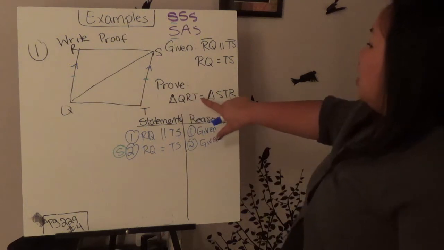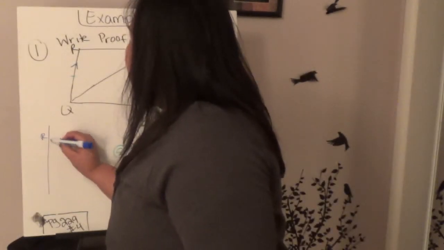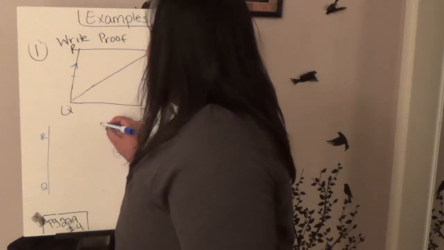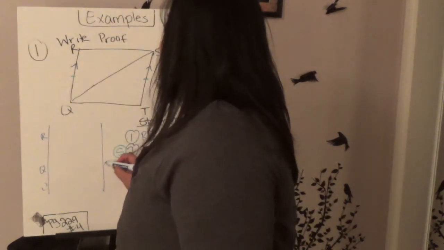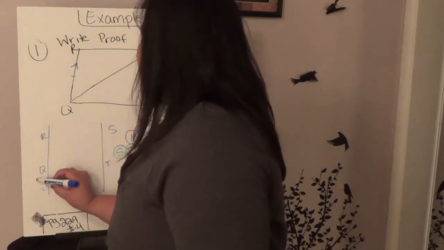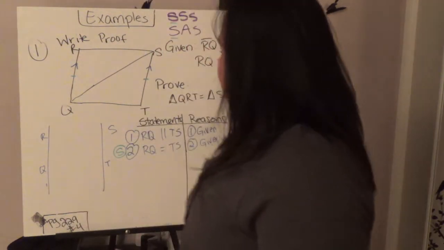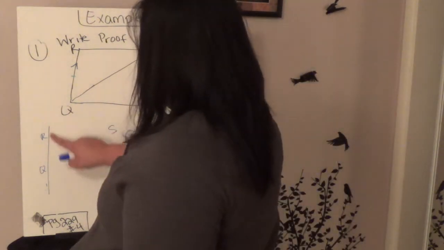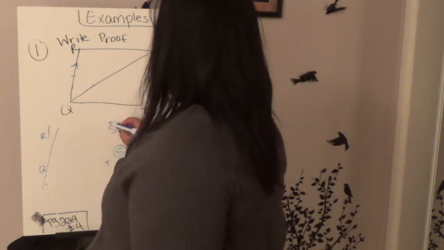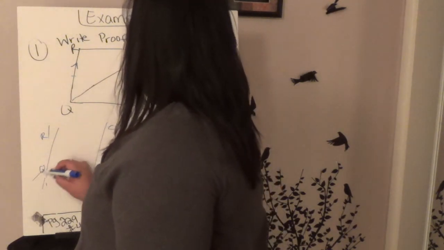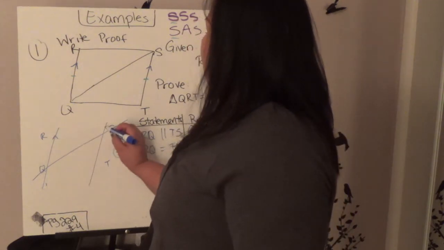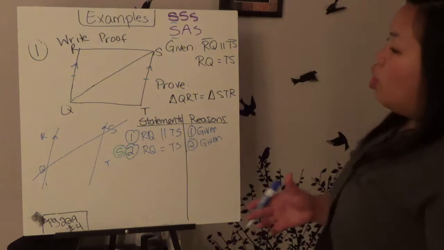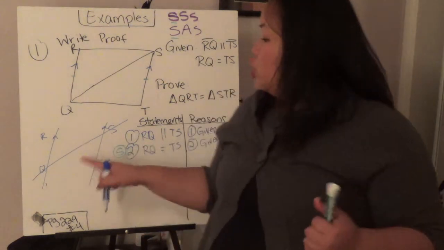And this is telling us that it's parallel. So if I take RQ and TS, it tells us right here that these lines are parallel, and there's this huge line right here. Now, if it tells you that this is parallel to this, then we can go back to the section with the transversals.